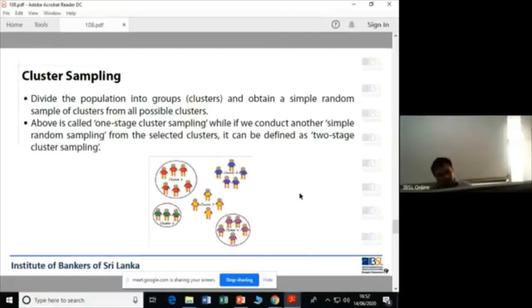Okay. Let's take a classic example. You want to assess the, let's say, literacy level of a particular village, let's say a rural village in Sri Lanka. Now your assignment as a researcher is to go and assess the literacy level of households or people in a rural village.